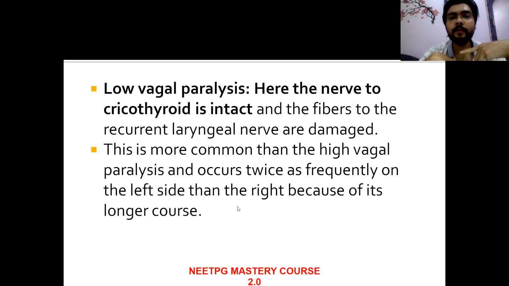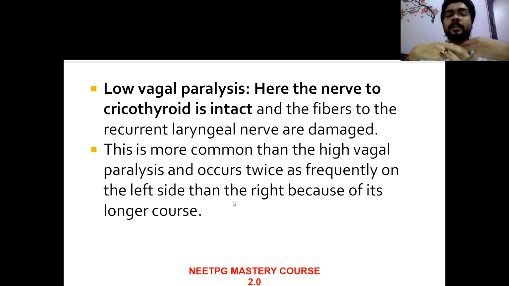One is, as such, the left recurrent laryngeal nerve is more prone to get palsy because of its longer course. Now if in an MCQ they ask you which of the following nerves will get more commonly injured by neck surgery, so if they say during thyroidectomy, which of the following nerves is more prone to get injured, then the right recurrent laryngeal nerve is more prone to damage due to its more superior, more superficial position.